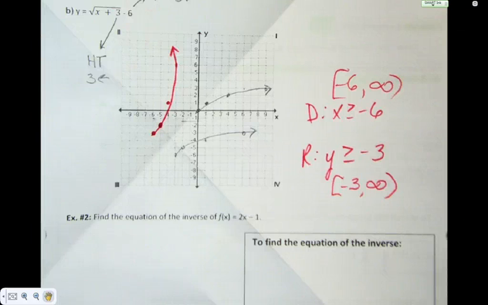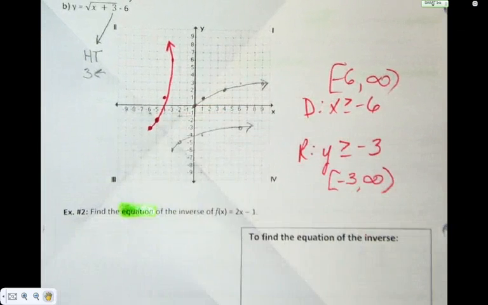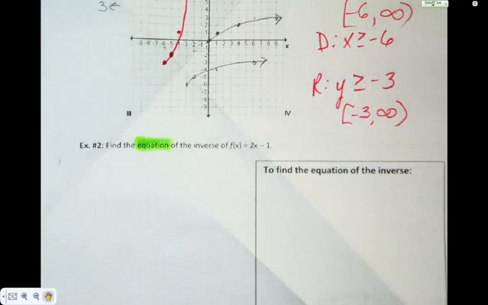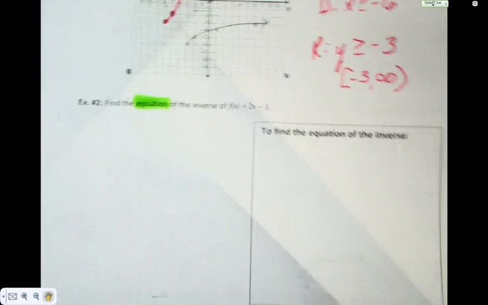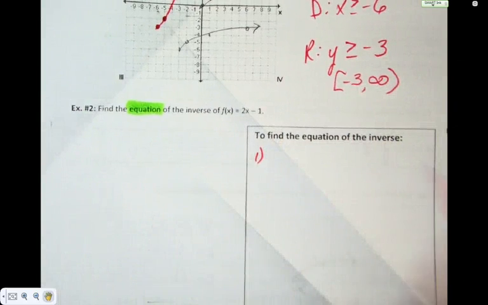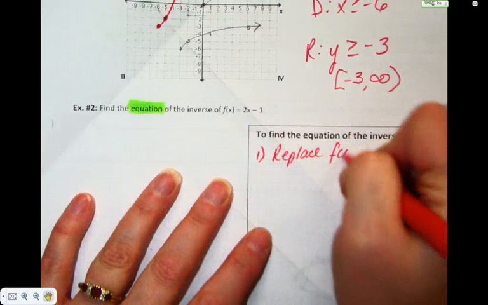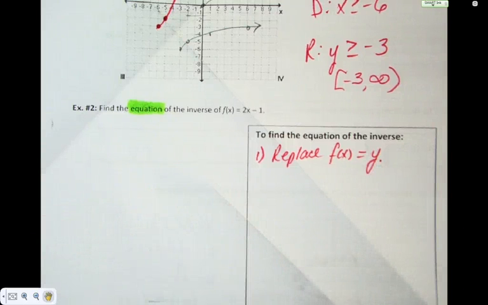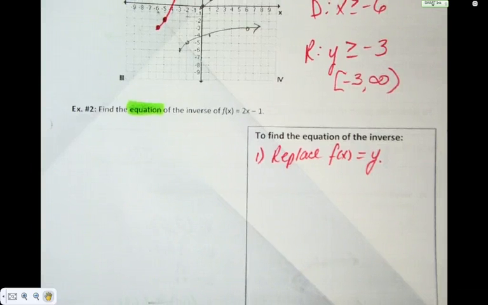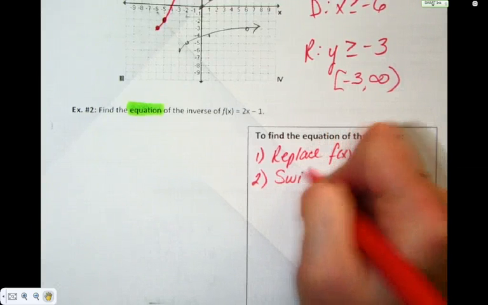Example 2, sometimes they'll just ask you to find the equation, so don't graph it. We just want to know what is the equation of the inverse. So method box for the wordy people. Step number 1, replace f of x for y, because we learned in grade 10 they're the exact same thing. Step number 2, switch x and y.